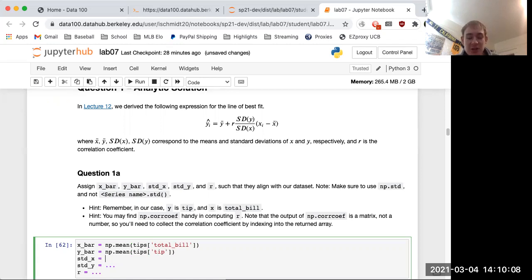And then for standard deviation, we can call np.std of tips total bill again, because it's x, and np.std of tips tip. Just a note here, make sure you use np.std. Something else you theoretically could have done is tips total bill .std, literally calling .std on the series itself.